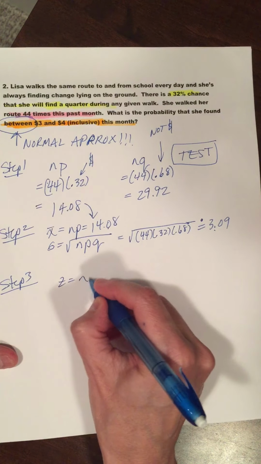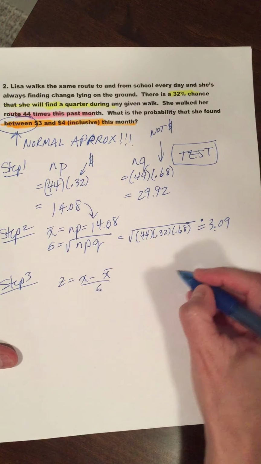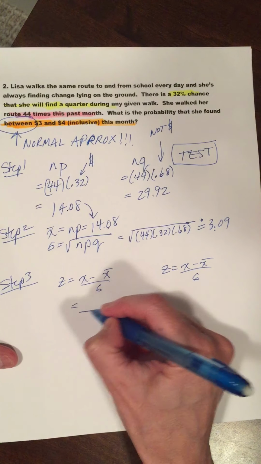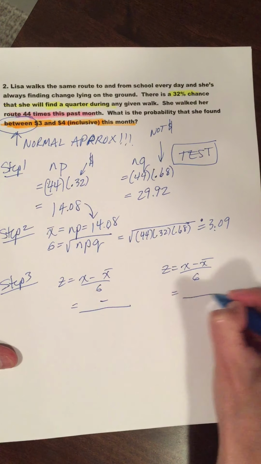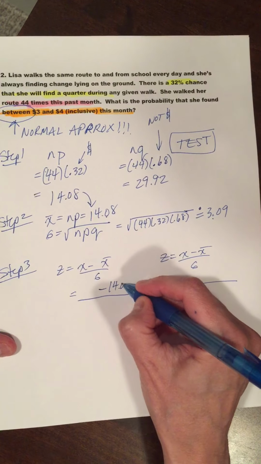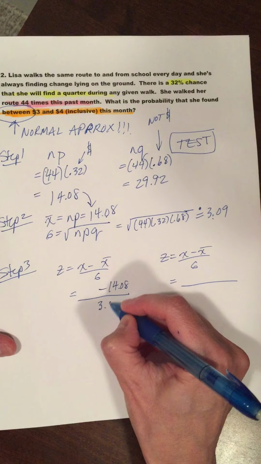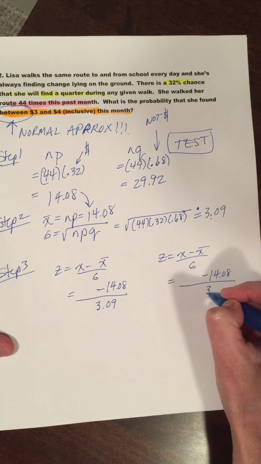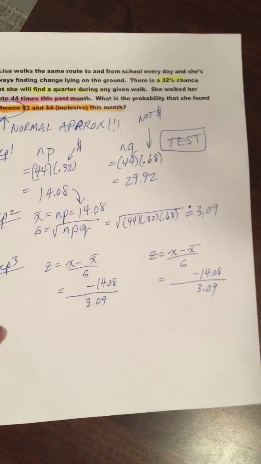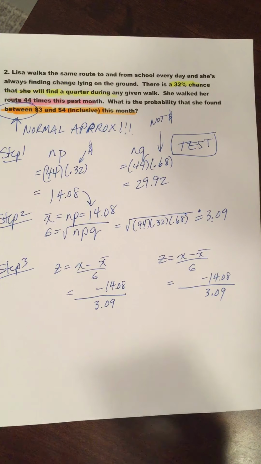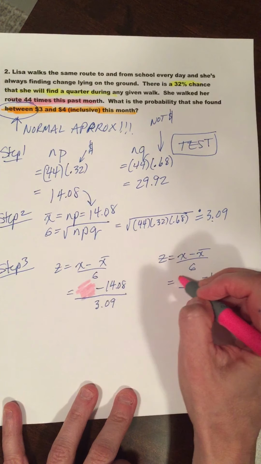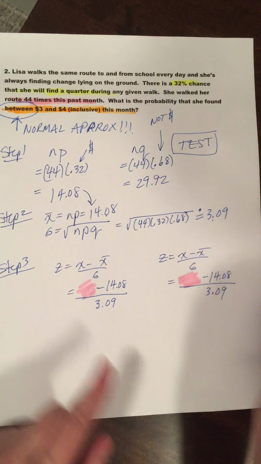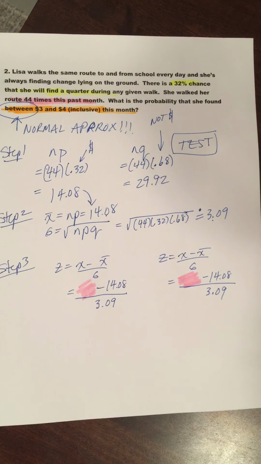And because this is a between question, I'm going to write my Z-score formula down twice. Again, I know the mean. And I know my standard deviation, so I can fill that in very, very quickly. But the actual part of these questions that you have to think and be very, very careful is with the X values.